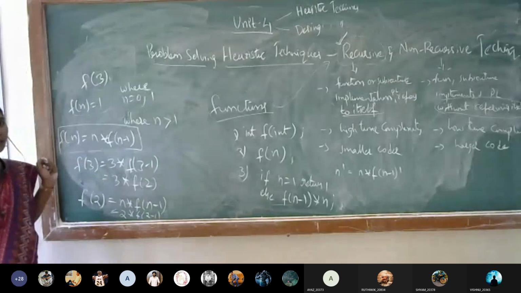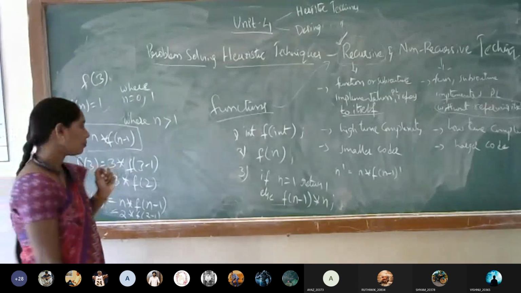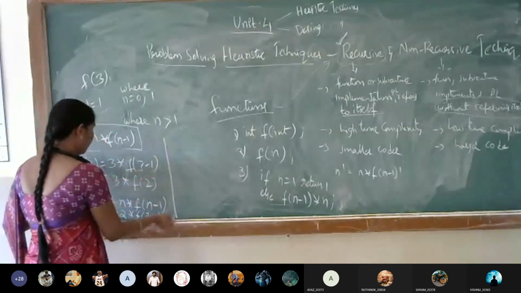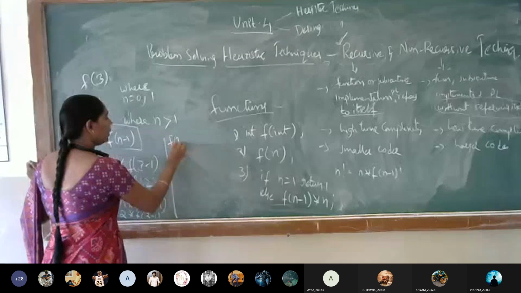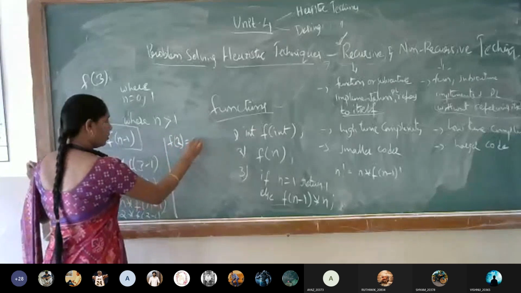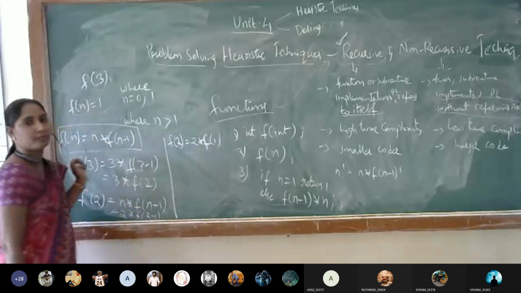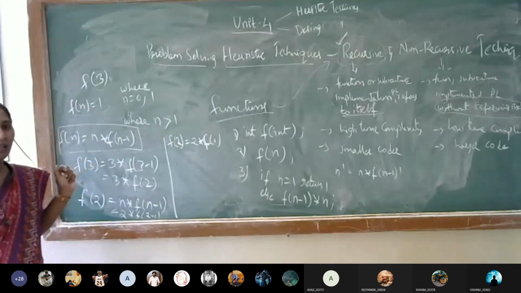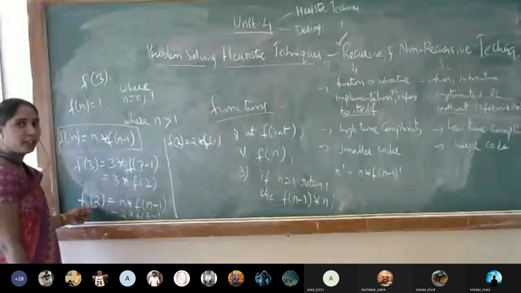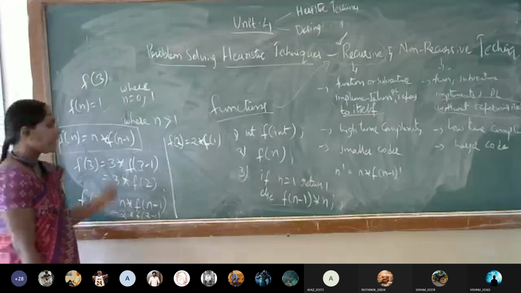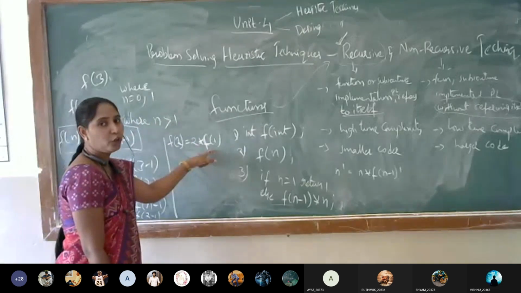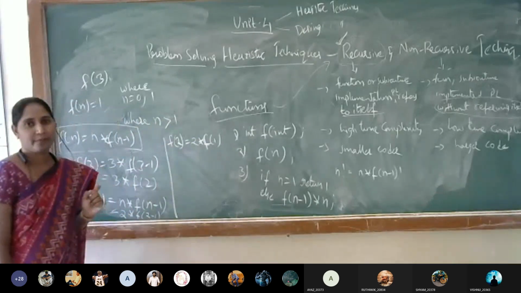Factorial of 2 minus 1 is nothing but factorial of 1. That means the function factorial of 2 is again calling the function factorial of 1.